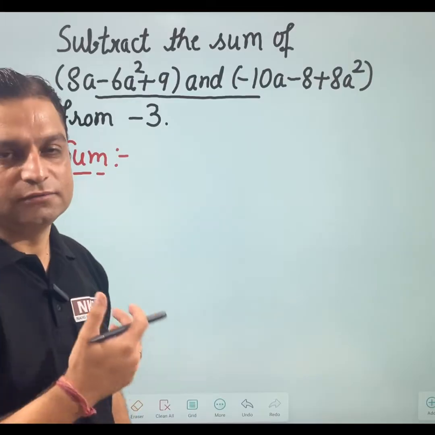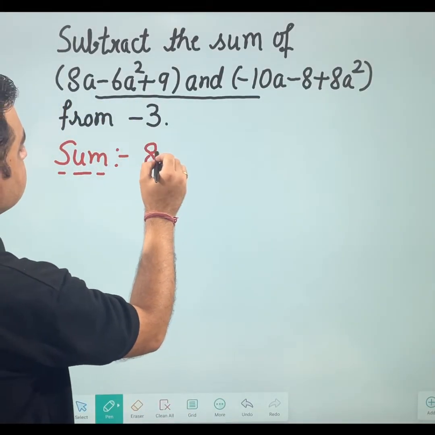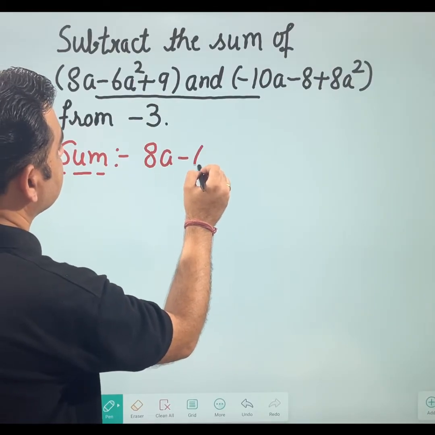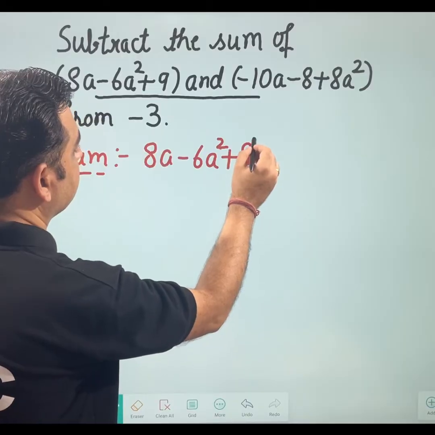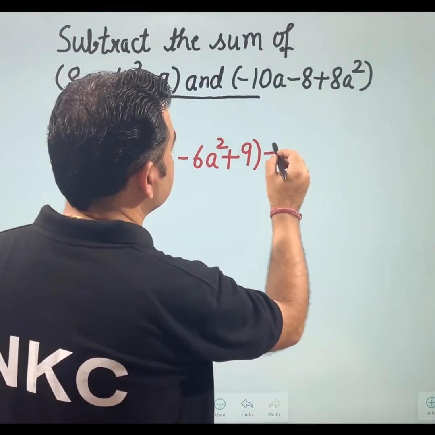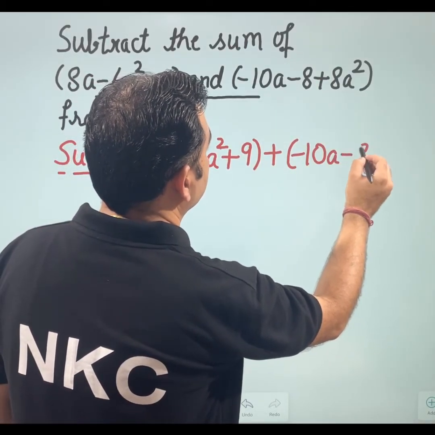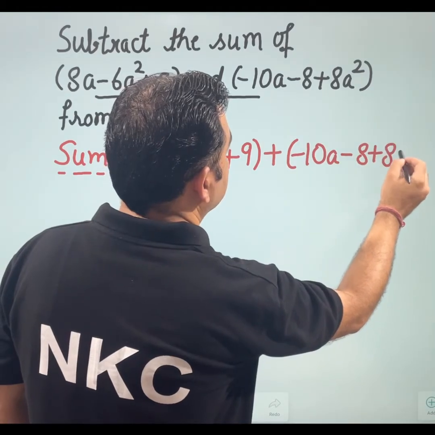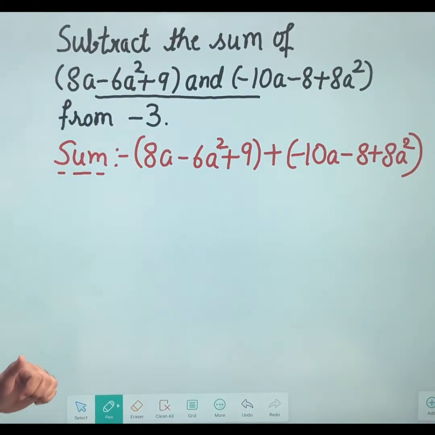Sum means addition. The first term is 8a minus 6a square plus 9. This expression needs to be added to the next one, minus 10a minus 8 plus 8a square. We need to add both of them.